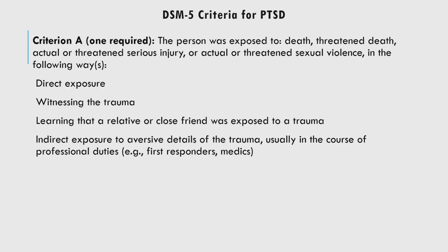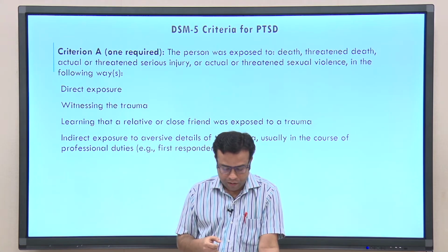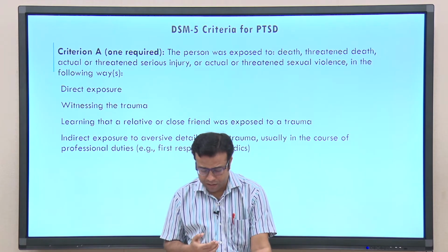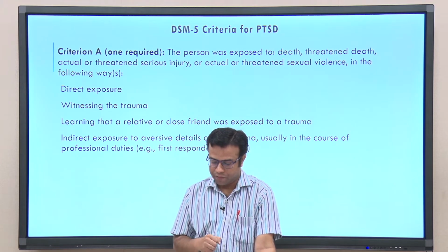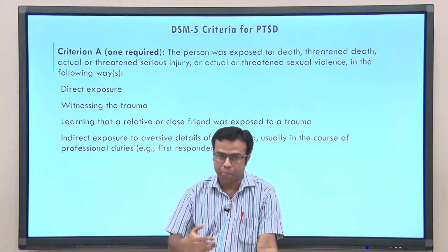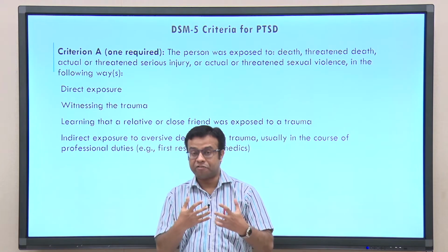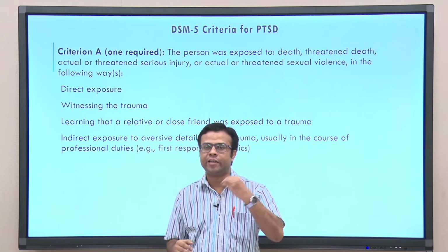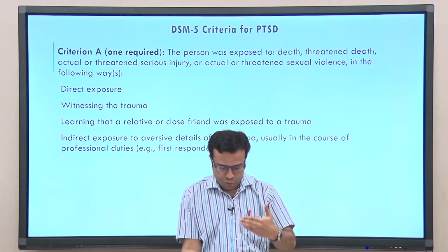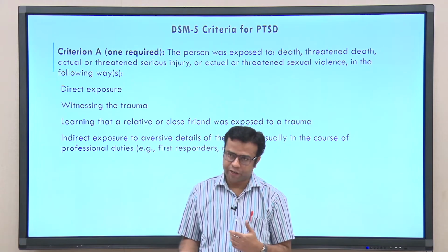Even learning about a traumatic event from another person can lead to PTSD. Or there is indirect exposure to aversive details of the trauma, usually in the course of professional duties, for example, by first-line workers or medics dealing with accident victims or trauma victims. So, at least one of these ways of exposure is required to be diagnosed with PTSD. So, this is criterion A.